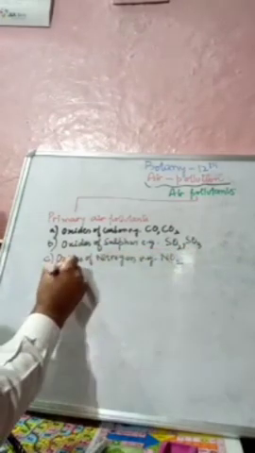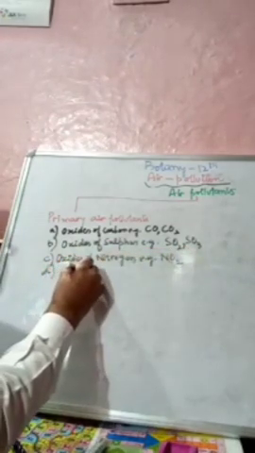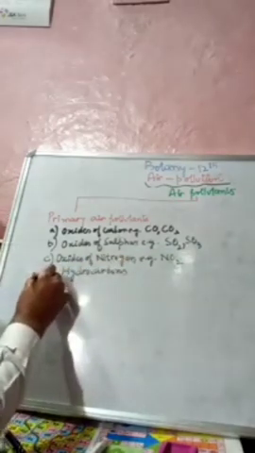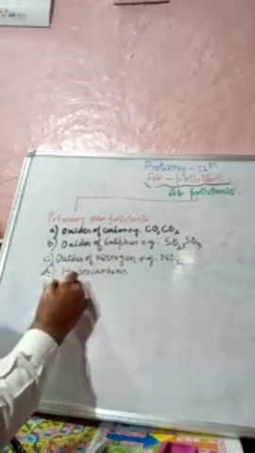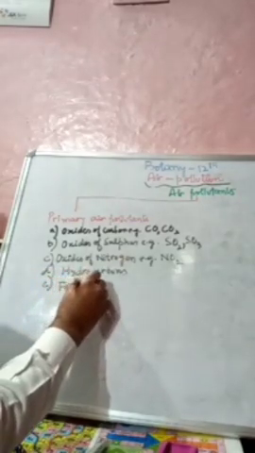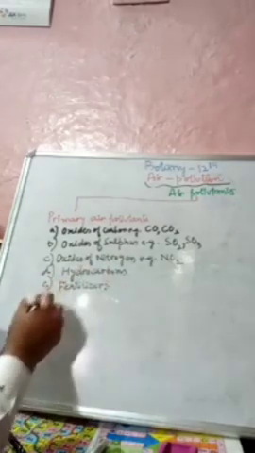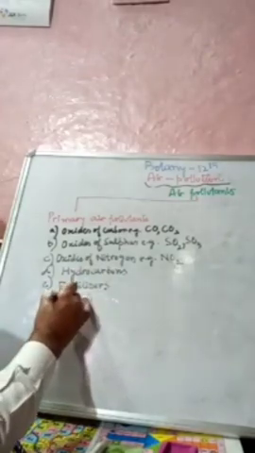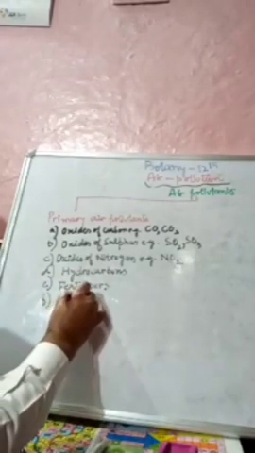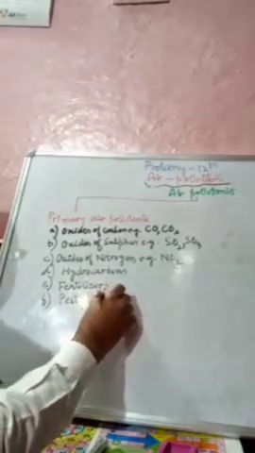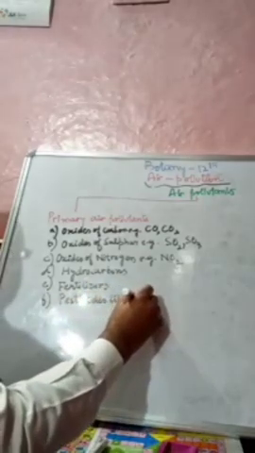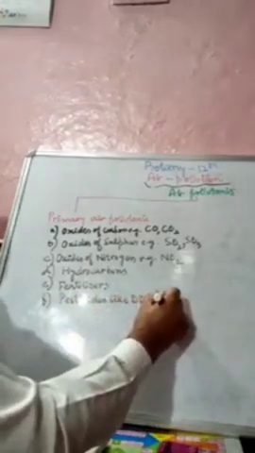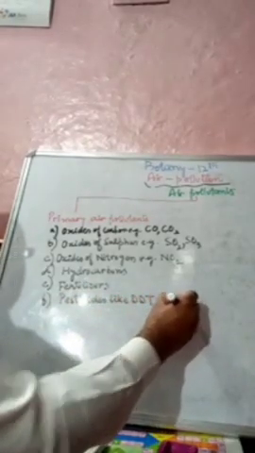D: हाइड्रोकार्बन्स. E: इसमें आ जाता है फर्टिलाइजर्स. F: हमारे पास आता है pesticides like DDT, dichloro diphenyl trichloroethane, या BHC, benzene hexachloride.